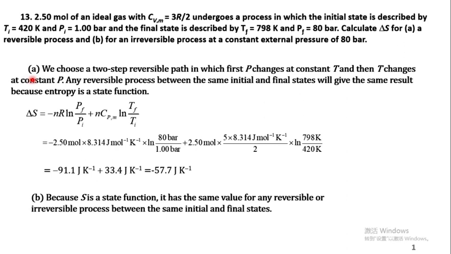This process is indicated in this part. So we have delta S equals this one. And because S is a state function, as I mentioned previously, the delta S should be equal to that of the reversible process, even though this process is not reversible at a constant external pressure.